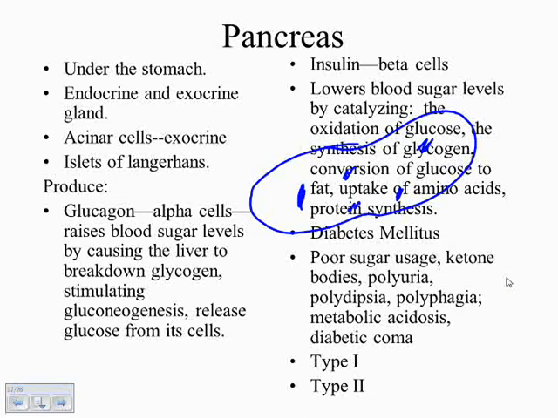All right, now this is the one we want to concentrate on today, the pancreas. It's maybe the most recognized organ in the body, one of the most important organs in the body. It's both endocrine and exocrine. It's right underneath your stomach, right in this area. Endocrine means it makes hormones and releases them where?